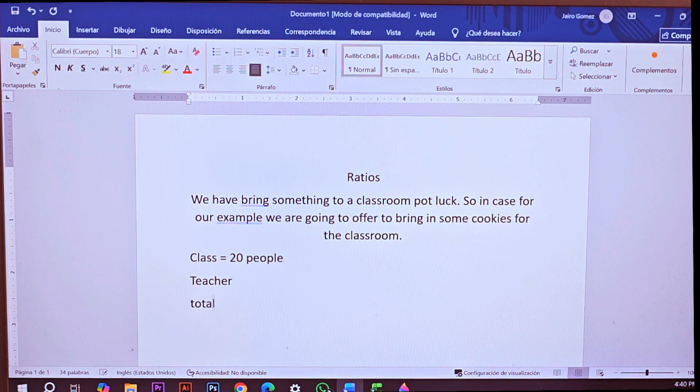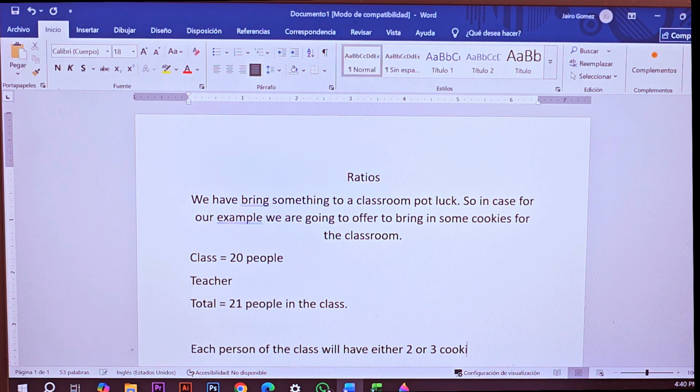So in total, you have 21 people in the class. You're thinking each person will want to have between 2 and 3 cookies. So each person of the class will have either 2 or 3 cookies.